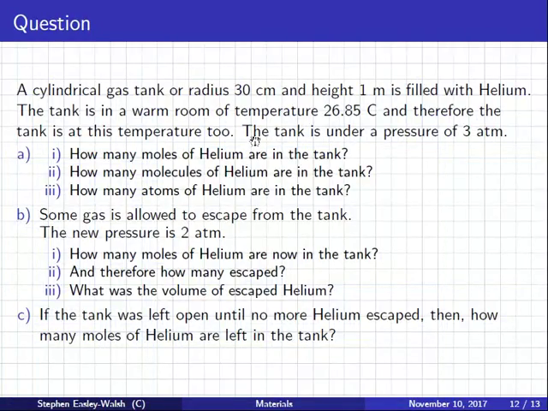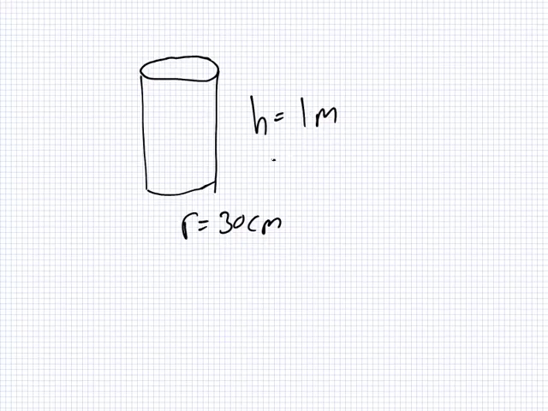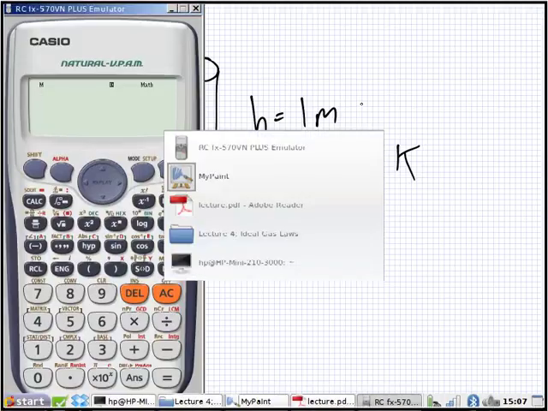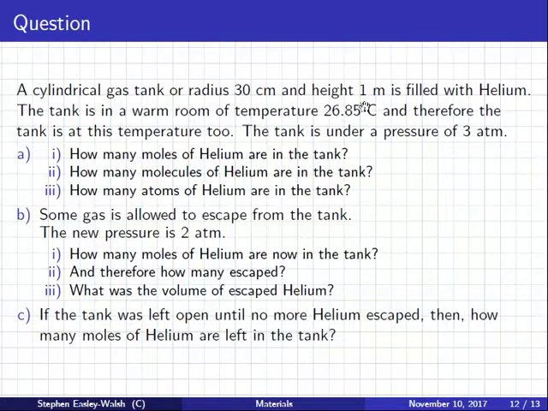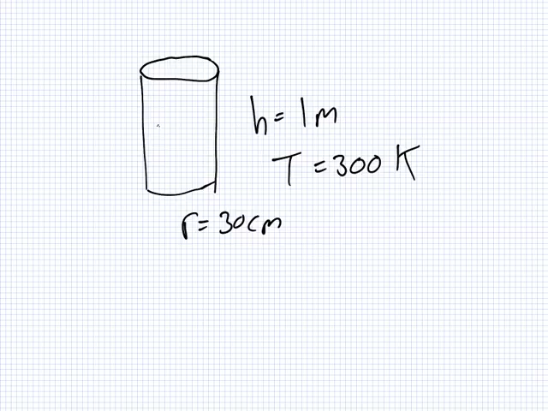It's filled with helium and the tank is at a temperature of 26.85, so that means 300 Kelvin, and therefore the tank's at this temperature as well, because that's the temperature in the room, and the tank is at a pressure of 3 atmospheres.